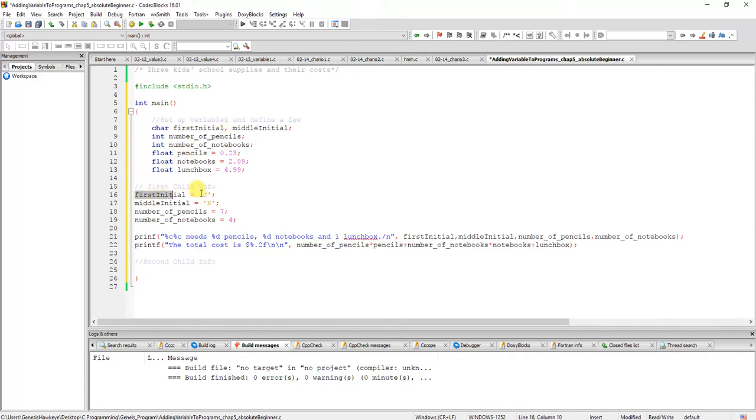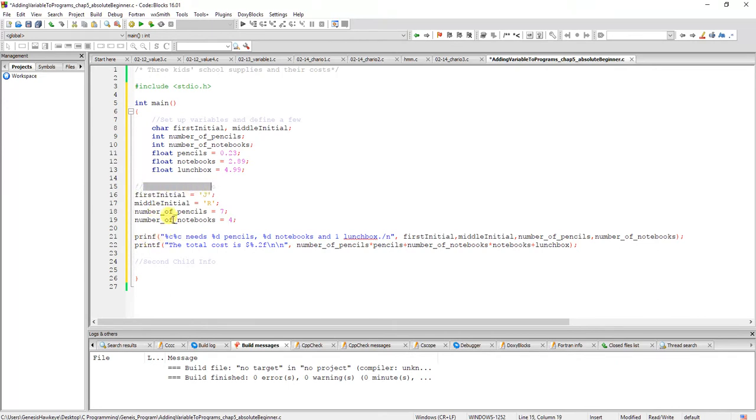First initial J, that's a character, and I put it in single quotes, J, and middle initial equals R. So I have the first one and the middle one, and I gave them a value, J and R. Now the number of pencils, I gave a value 7. Number of notebooks, I gave a value 4. That's the information of the first child.